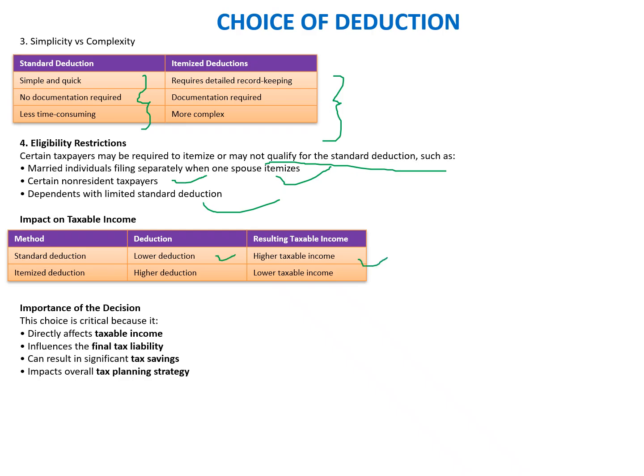But if the individual is claiming the itemized deduction, then it is a higher deduction and then lower taxable income. The importance of the choice is critical because it directly affects the taxable income, influences the final tax liability, can result in significant tax saving and impacts the overall tax planning strategy. So we'll move to the next slide then.